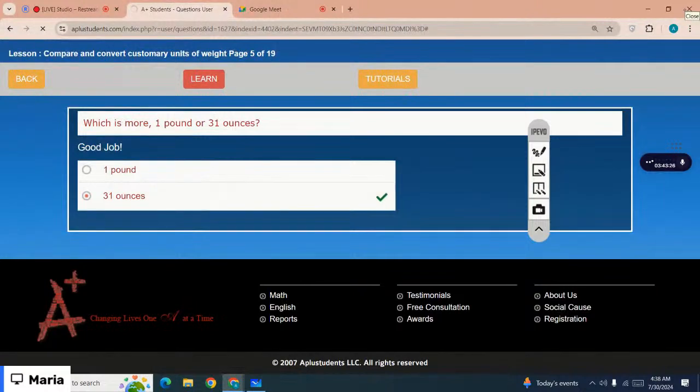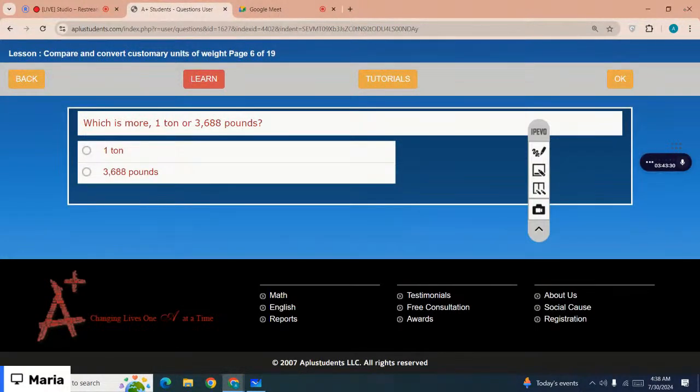So 31 ounces is more. Which is more, 1 ton or 3,688 pounds? Which is the correct option?